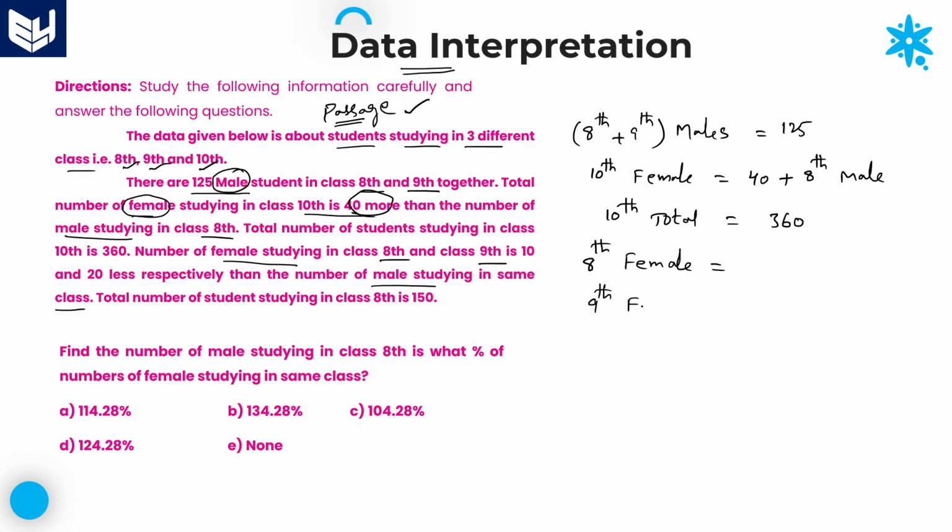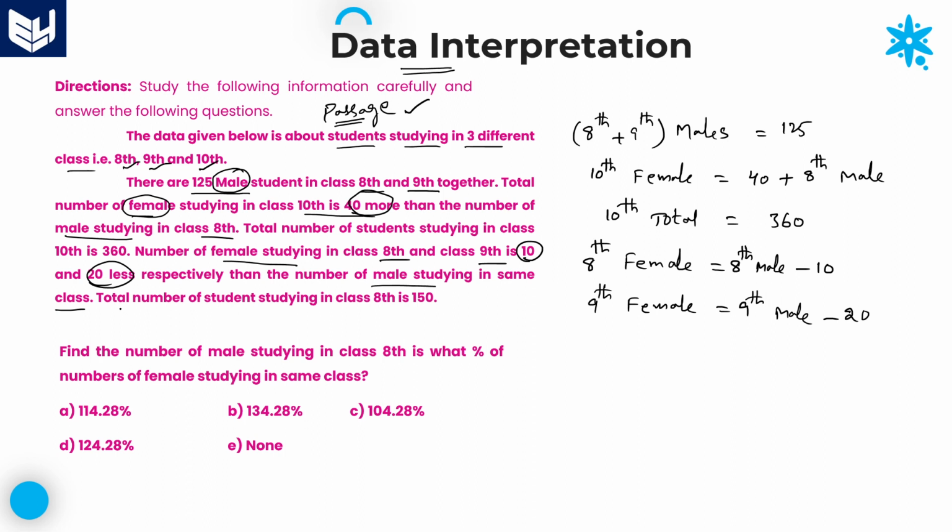First, class 8 female is 10 less than the number of male students of the same class, 8th class male. And 9th class females are 20 less than 9th class male, therefore minus 20.